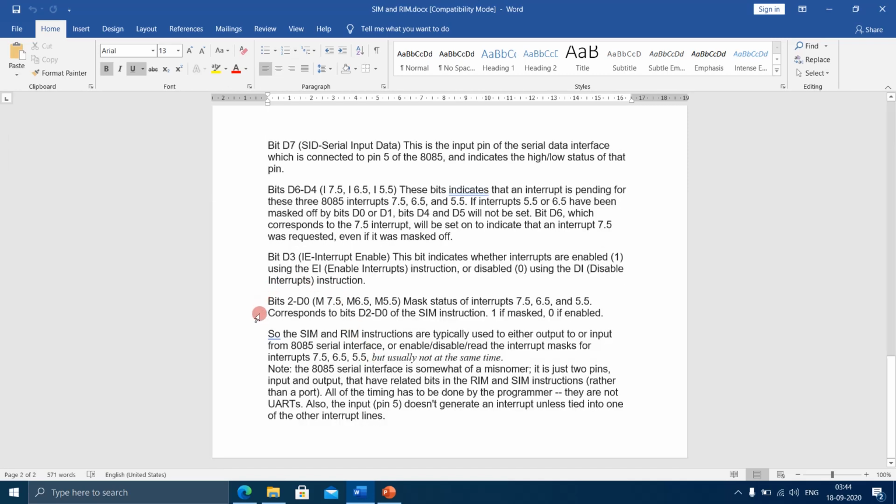So this was all about RIM and SIM instructions. The RIM and SIM instructions are typically used to either output to or input from the 8085 serial interface, or enable, disable, read the interrupt mask for the interrupts 7.5, 6.5, 5.5.